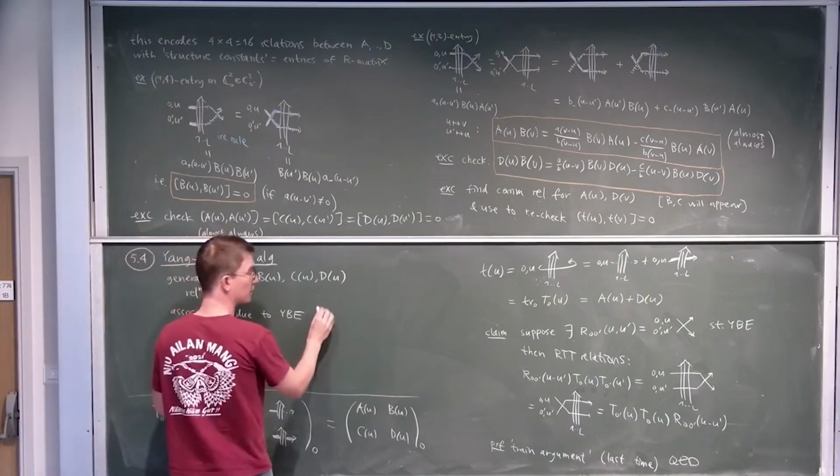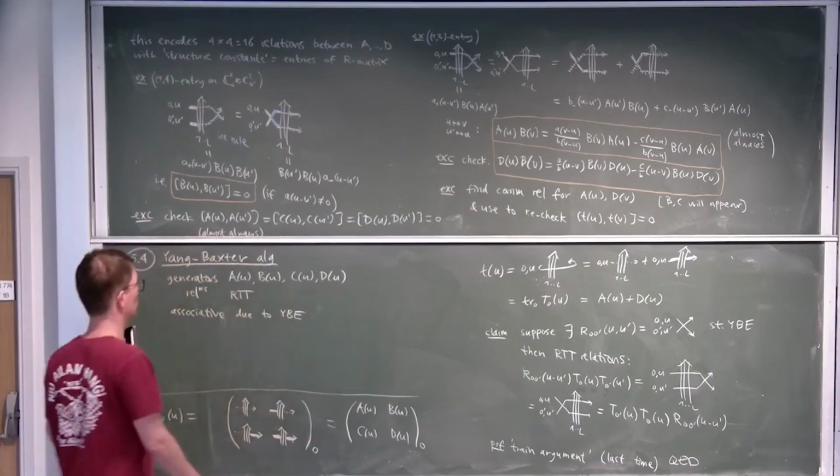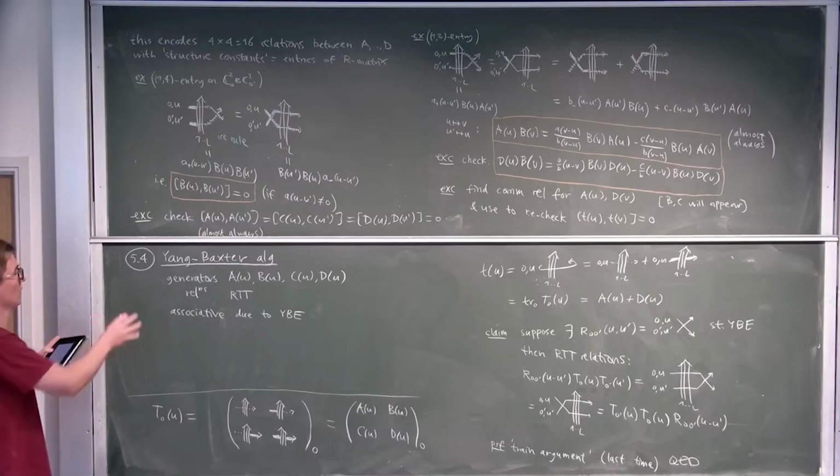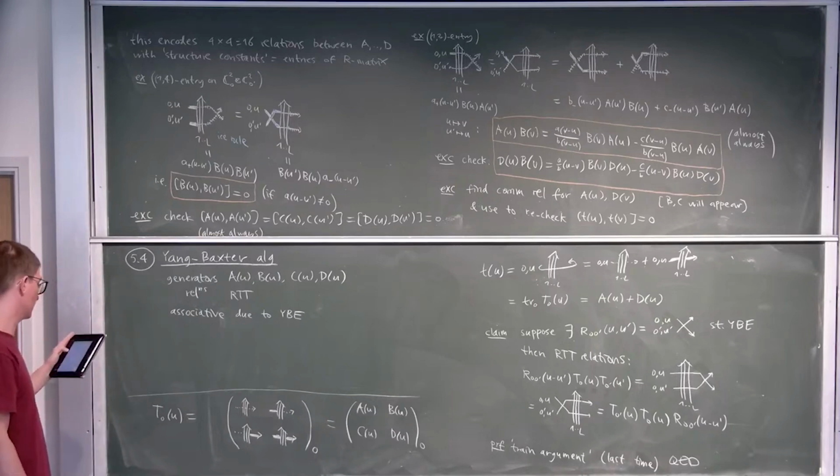At different points or the same? So you would have many different values of the parameters. Yes, right. So A of U, B of V, C of W, or whatever, something like this. And so that is what the Yang-Baxter algebra is.